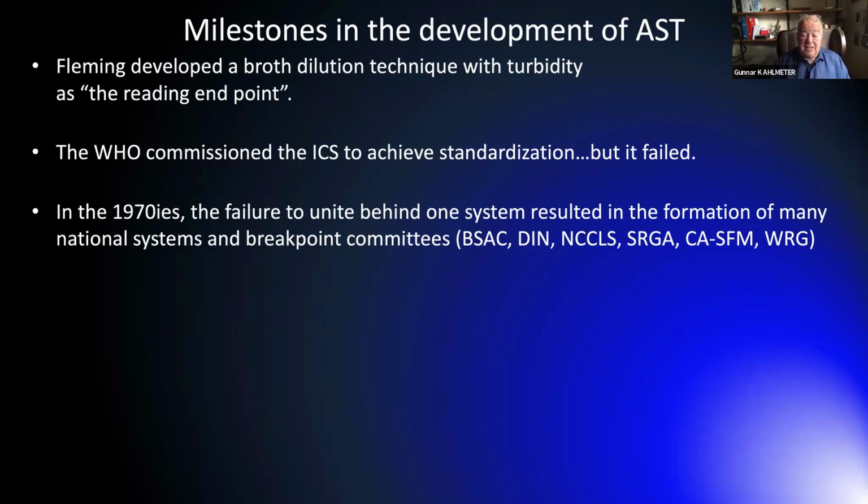So everyone knew best, and everyone had their own system. Everyone had their own disk diffusion test. Everyone had their own breakpoints. And an E. coli isolated in Paris could be susceptible, and if the same E. coli was isolated in Rome, it could be resistant.